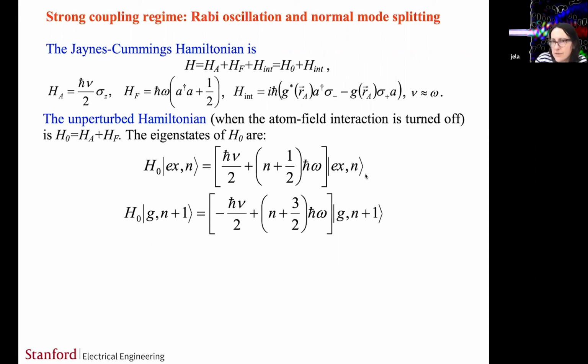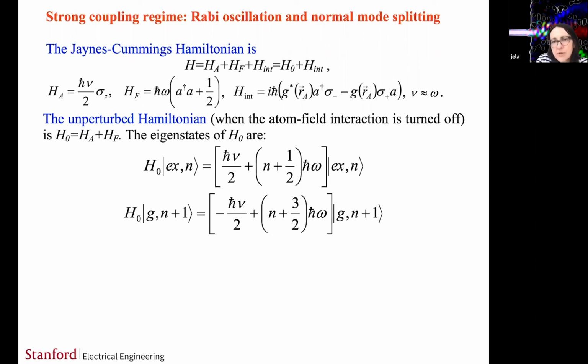That is an energy eigenstate of this Hamiltonian without interaction. H0 is just the atomic plus field Hamiltonian, corresponding to an energy which is the sum of the energy of the atom plus the energy of the field. Does that make sense? That means they're just decoupled. You just combine two separate problems. G, n plus 1 is also an eigenstate of the system, and this would be the energy of that state, right?